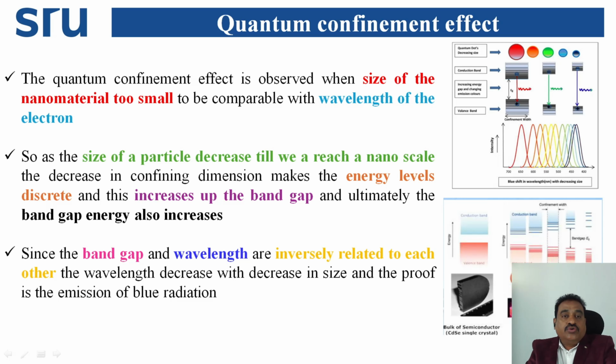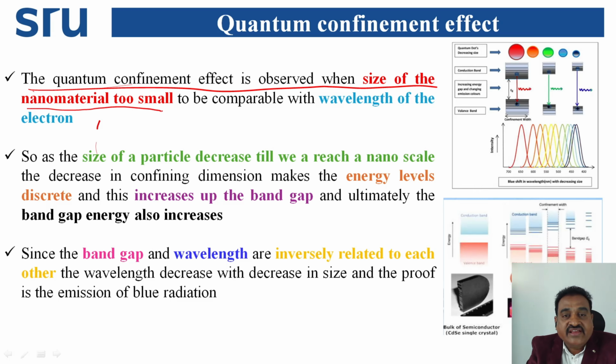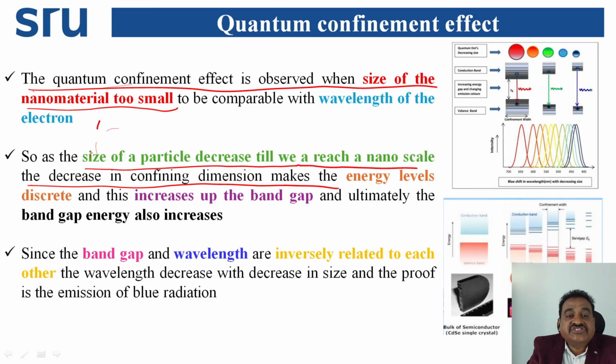Yes, so you see here, the quantum confinement effect is observed when the size of the nanomaterials is too small, comparable with the wavelength of the electron. As the size of the particle decreases to the nanoscale, the decrease in confining dimensions makes the energy levels discrete.